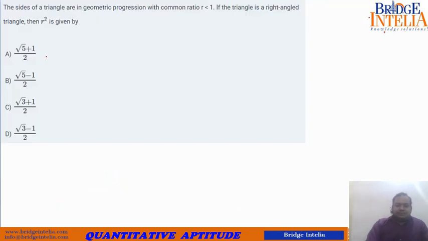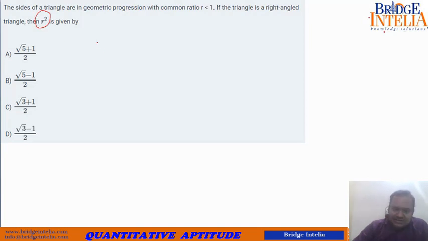The sides of a triangle are in geometric progression with common ratio r less than 1. If the triangle is a right angle triangle, then r square is given by what? So we have to find r square. Let's see.